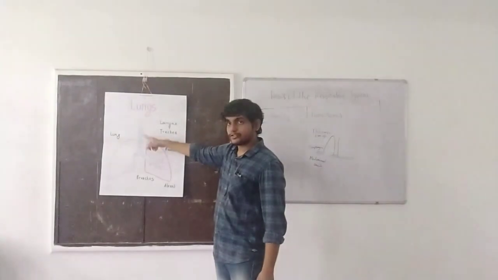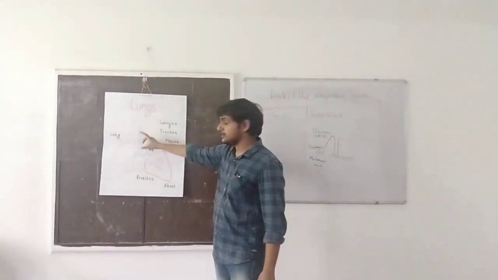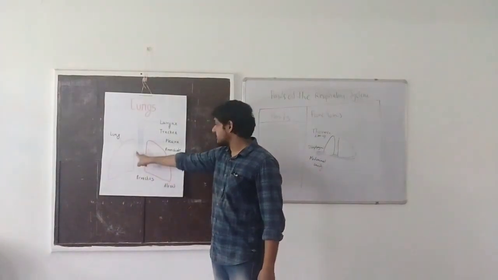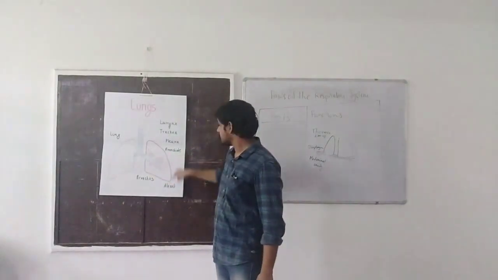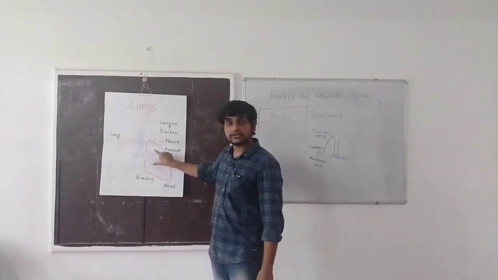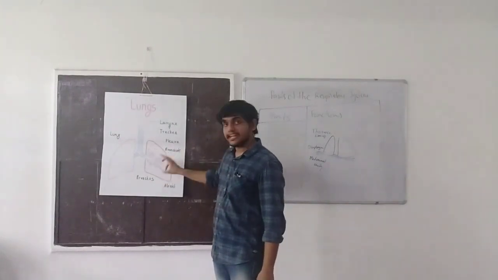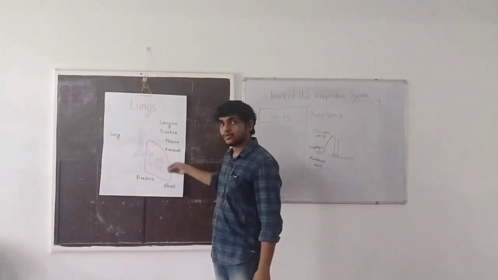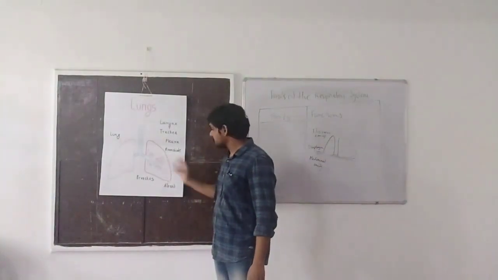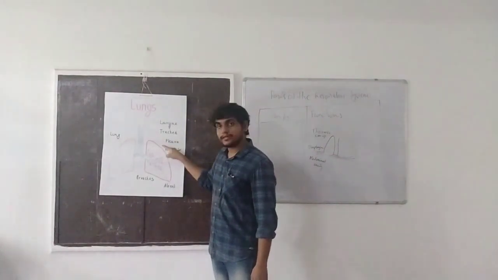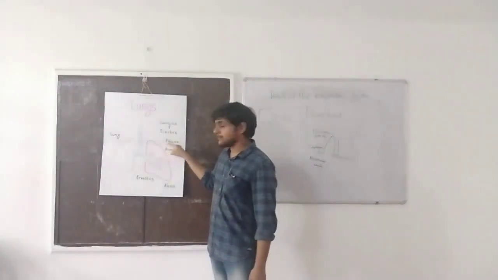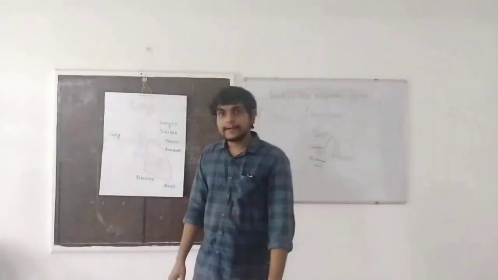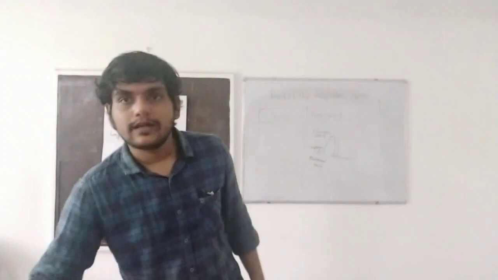Rings are shown there, like the C-shaped cartilages. It is divided into bronchus, and when it enters the lungs, bronchioles are there. Bronchioles are divided into alveoli, grape-shaped alveoli, and this diffusion of air to blood happens. Okay, and there is pleura, which helps to avoid friction that may happen due to the rib cage. Okay, I hope you understood it.